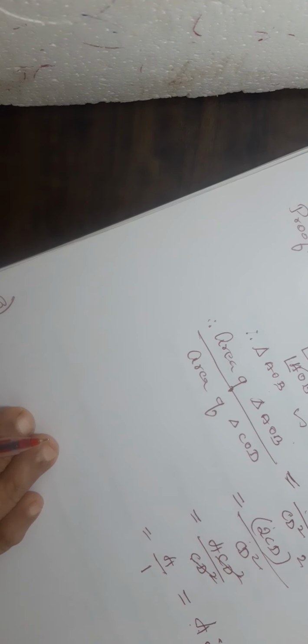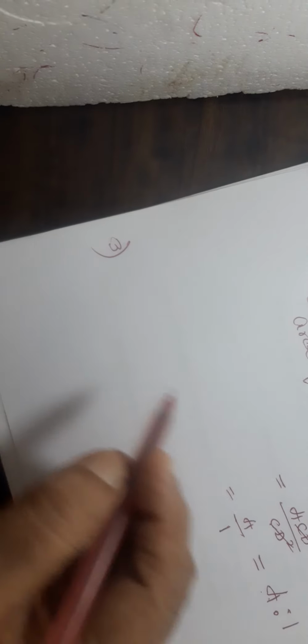Now, in figure 3, you see again, they are telling us that there are triangles ABC and DBC. I am talking about the third one. So, ABC and DBC are two triangles on the same base BD.